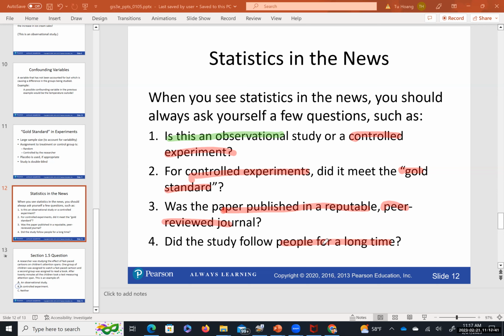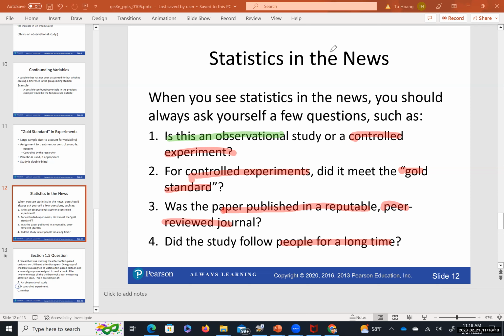Is that the news that just has the percent of the COVID people, right? So that is observation. But if it was like a treatment with some people being given vaccine and another group just no, then that could be a control experiment, something like that, right?